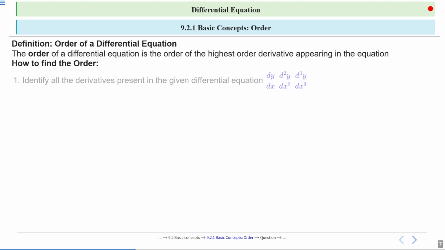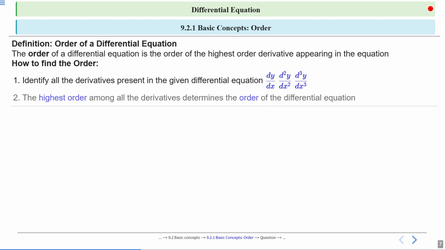How to find the order? Identify all the derivatives present in the given differential equation. For example, there may be terms involving dy by dx, d2y by dx2, d3y by dx3. The highest order among all the derivatives determines the order of the differential equation. For example, if there is an equation like dy by dx plus x is equal to 0, there is only one term involving a derivative, that is dy by dx, so the order is 1.